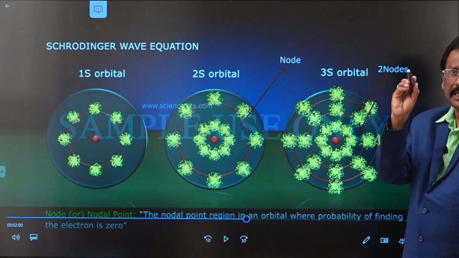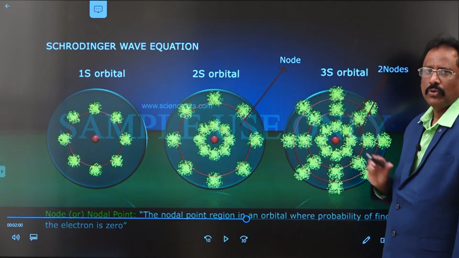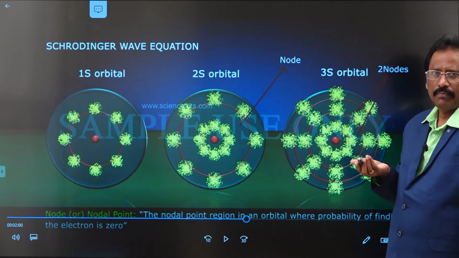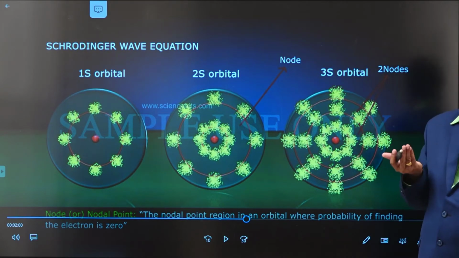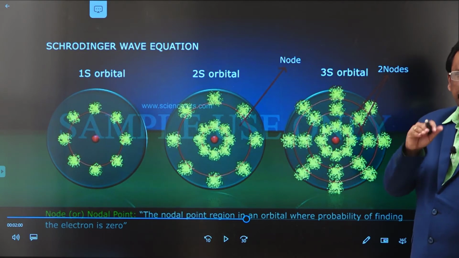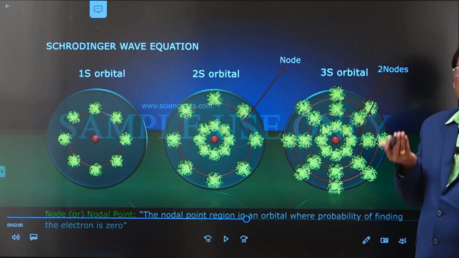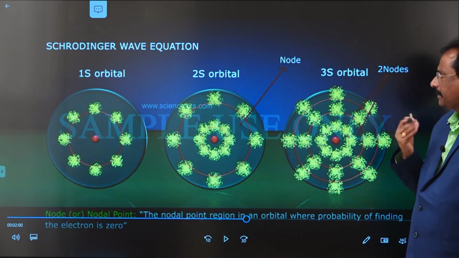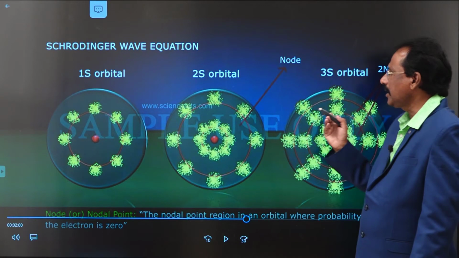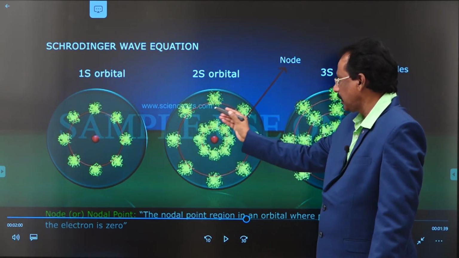The total number of nodes means the sum of spherical nodes and angular nodes. Another name of the spherical node is radial node.